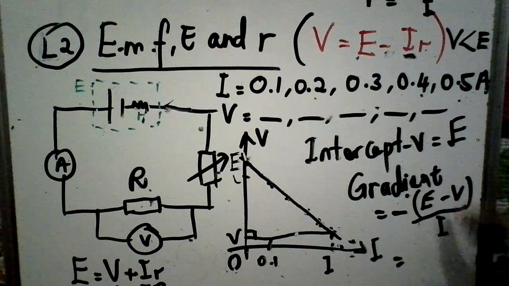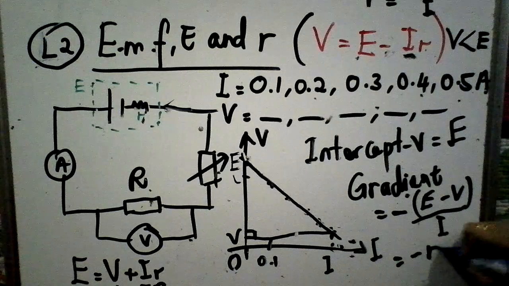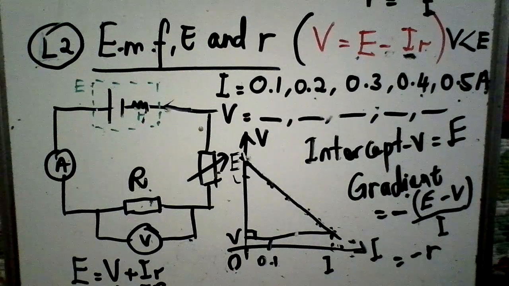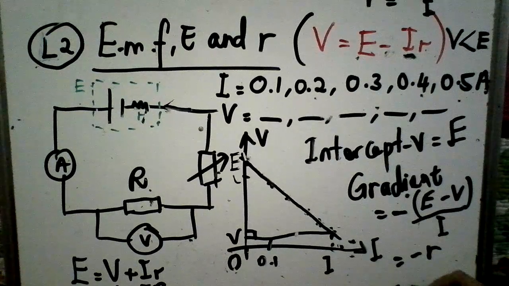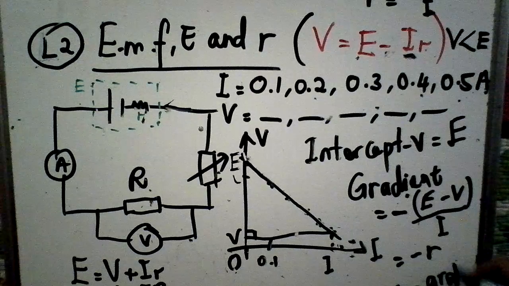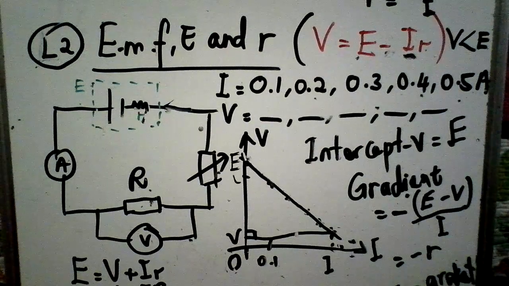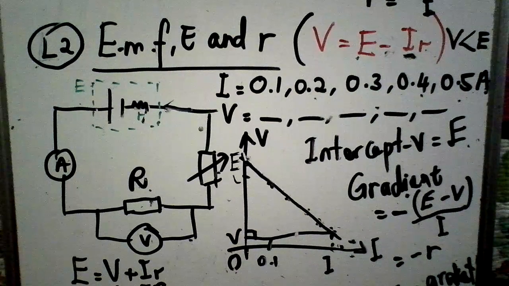The gradient is actually equivalent to negative r, or we can say r equals negative gradient. So from the graph we can determine the EMF and the internal resistance. Now we can try some questions regarding this part.